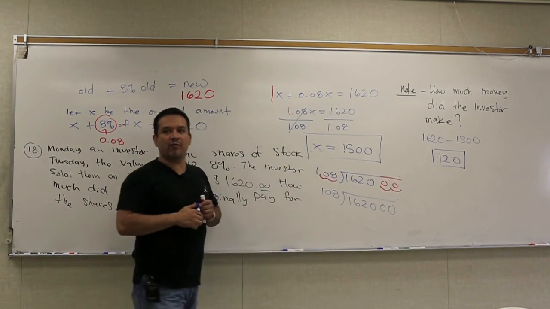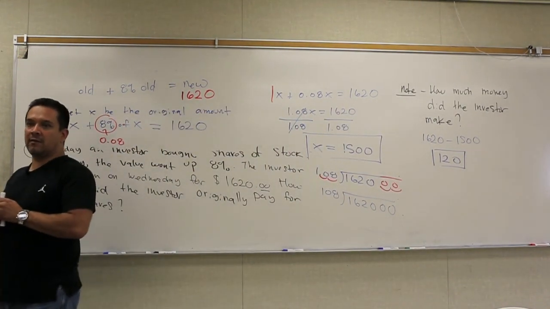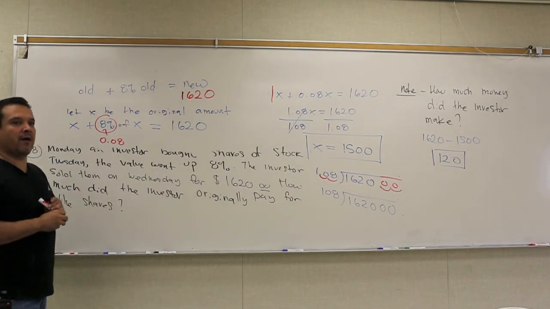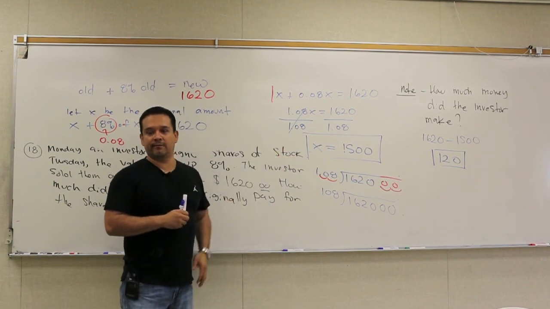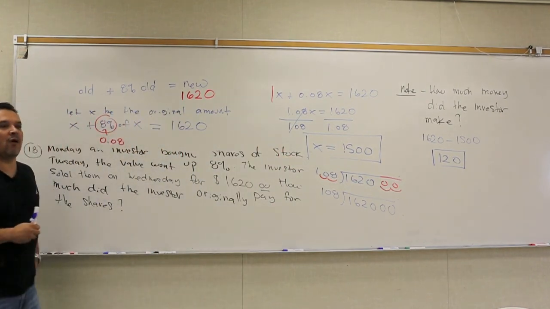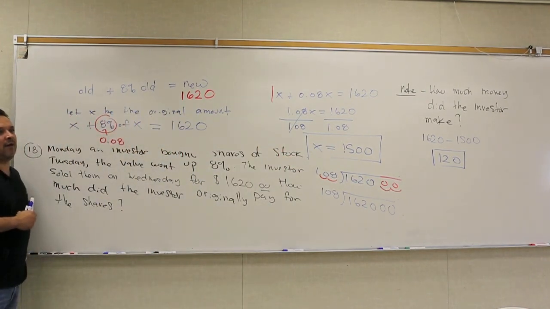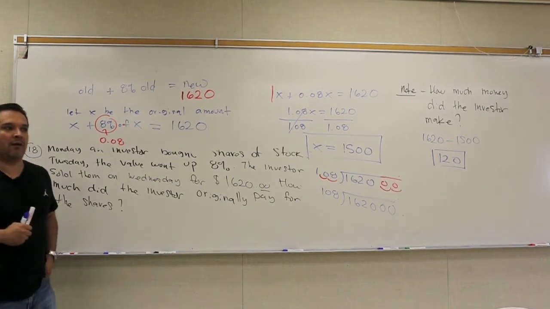So not bad for just waiting a couple of days, I guess. You guys okay with that? You just wait a couple of days, and your money goes up. Well, hopefully. But okay, this is number 18, and it's another increase situation.